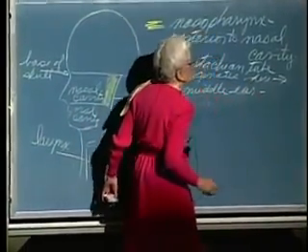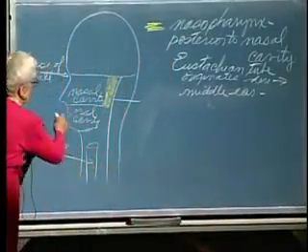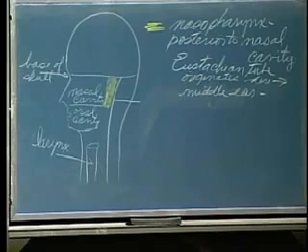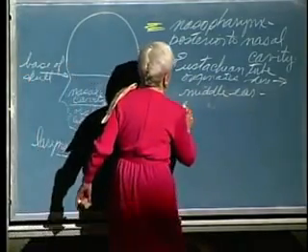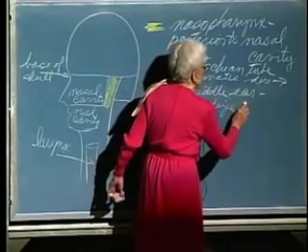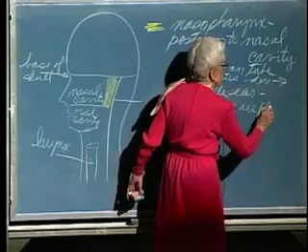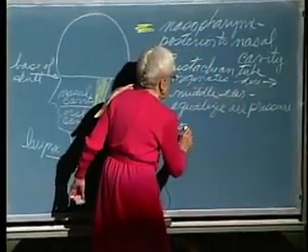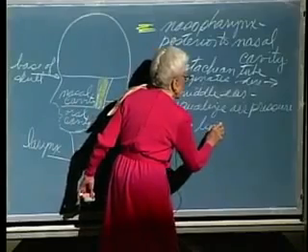Why do we need a tube going from the nasopharynx into our middle ear? To equalize the pressure on each side of the eardrum, your so-called tympanic membrane. It equalizes air pressure on tympanic membrane.